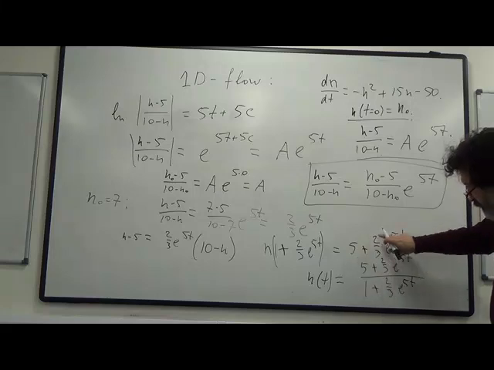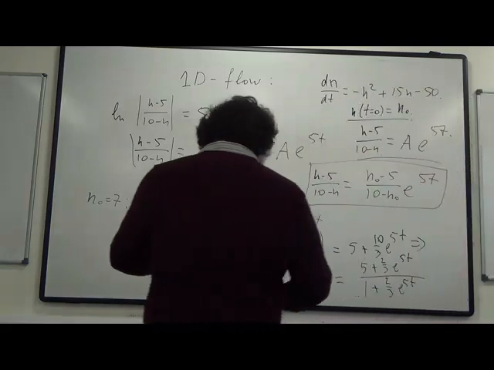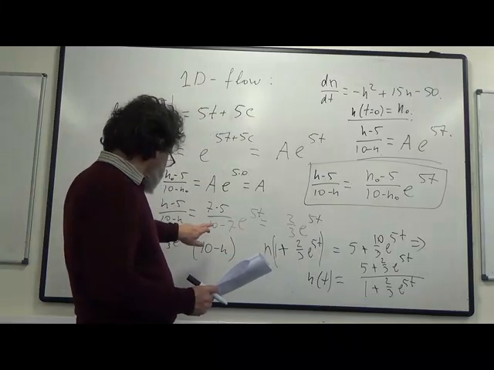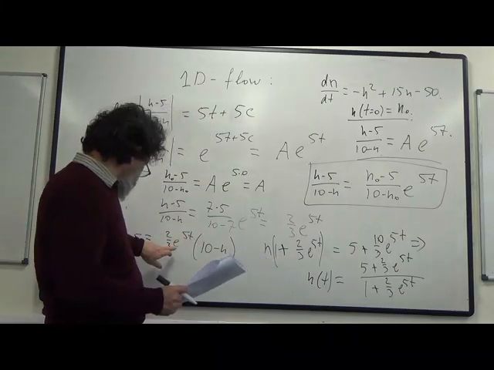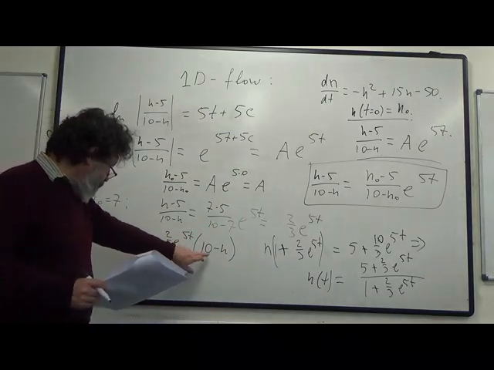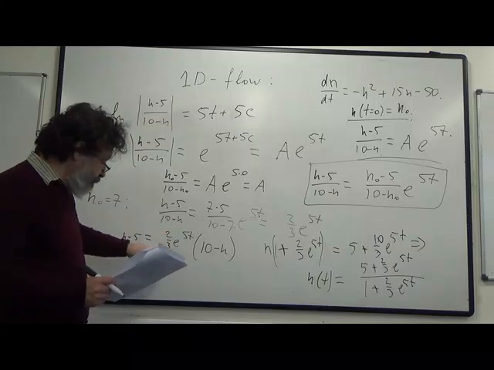This 5 should be multiplied here, it will be 10 here. This was my mistake. Yeah. Because it should be 5. It is 20 over 3.